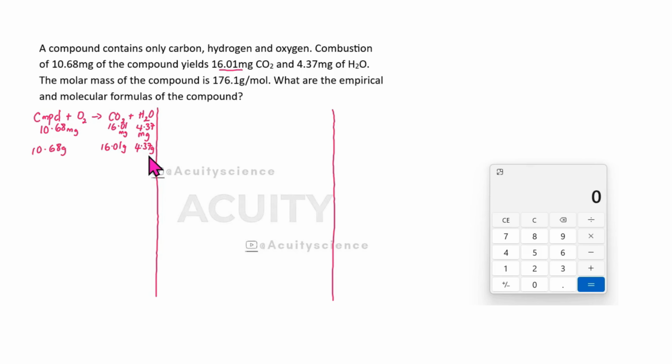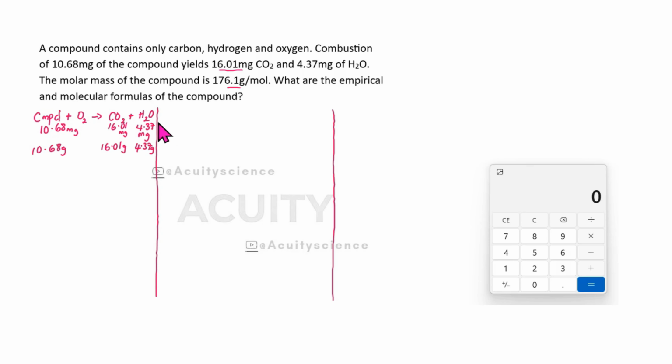The reason I'm taking all of these to grams is because our molar mass here is in grams, and it will help us solve this much more easily because we'll not have to be jumping units.